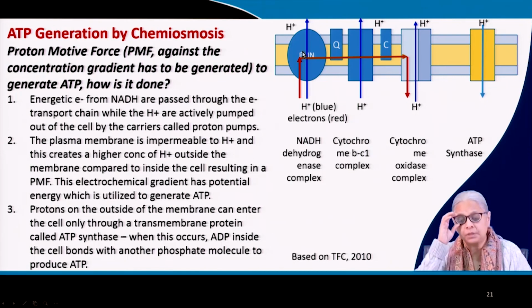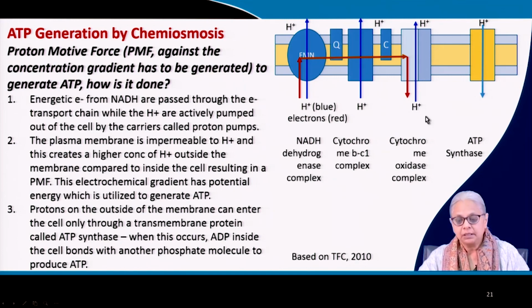They are being passed from one complex to the other, and eventually, for let's say aerobic heterotrophic bacteria which have an organic compound as a substrate and oxygen being converted to water, oxygen is the final terminal electron acceptor. It will pick up all these electrons and be converted to water.